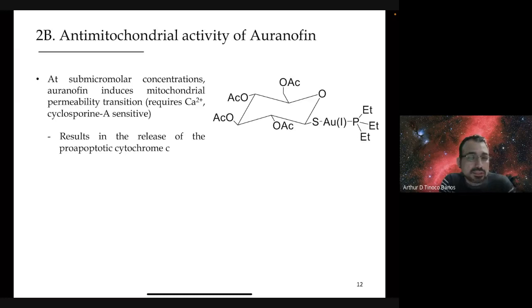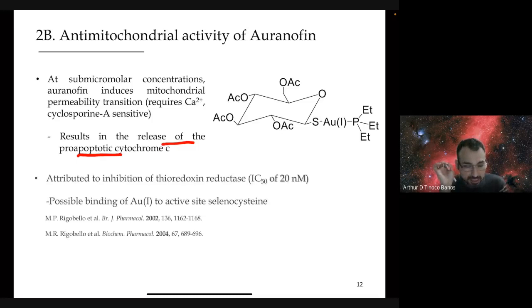Basically, it makes the mitochondria much more permeable, and the subsequent effect is the release of the pro-apoptotic cytochrome C. So for those of you looking, for the review article, at drugs that can potentially synergize with cytochrome C or that use cytochrome C as part of their mechanism, auranofin falls into that category, because its effect on the mitochondrion leads to the release of cytochrome C, and that can lead to the induction of apoptosis.